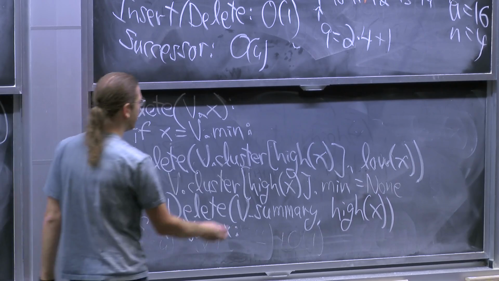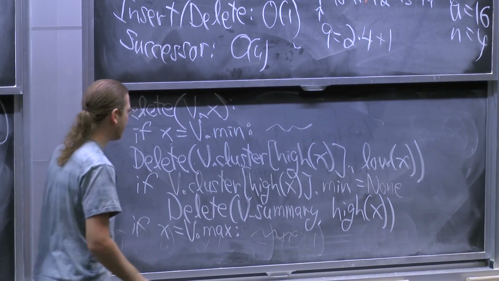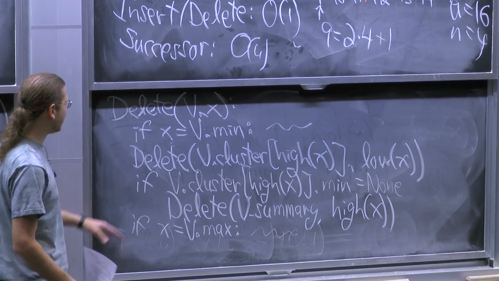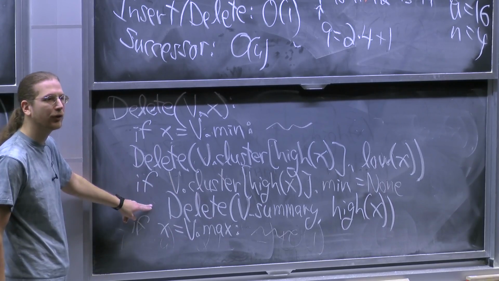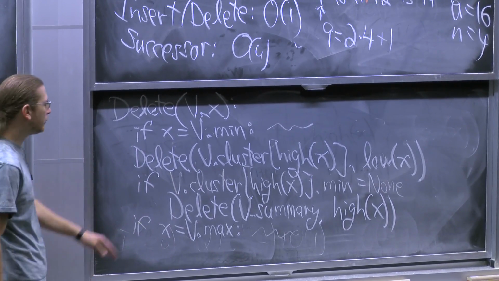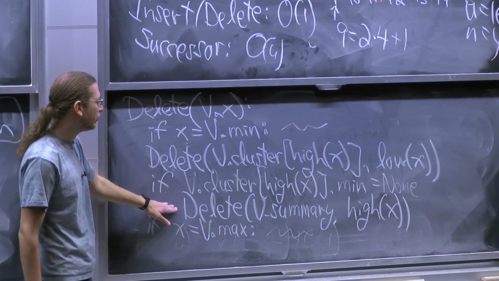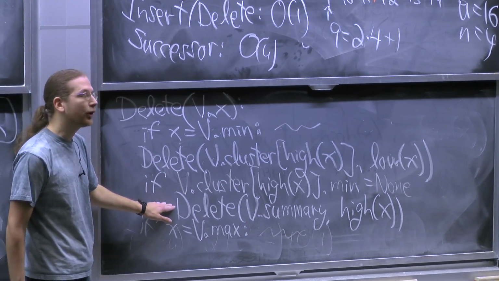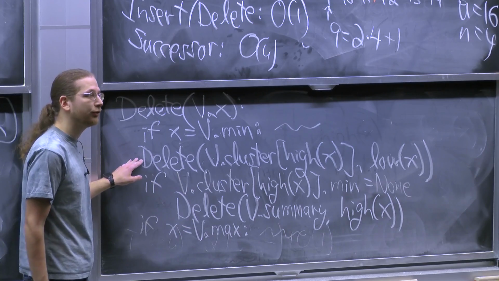OK, so I need to fill these in. And it's important that these are filled in right, because in some situations here we are making two recursive calls. But again, when we do both calls, we want one of them to be cheap. Now, this one's hard to make cheap. So when we delete from the summary structure, we want this delete to have taken only constant time, no recursions.